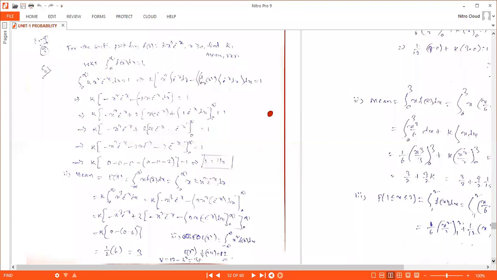Again here you have two functions, x cube and e power minus x. Again integration by parts. Substitute upper limit minus lower limit as 0.